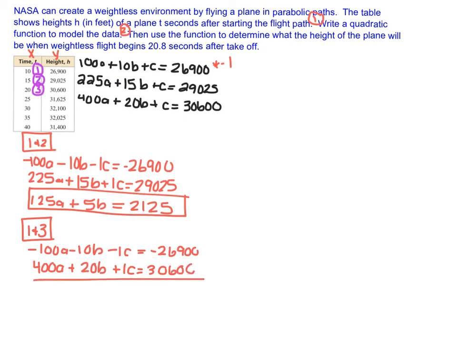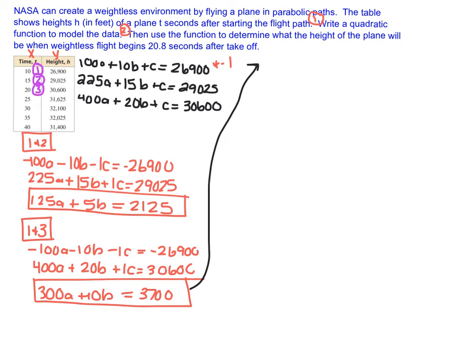So if I add straight down here, I end up with 300A plus 10B is equal to 3,700. So I've used elimination to eliminate C, and I now have two equations that contain two variables.